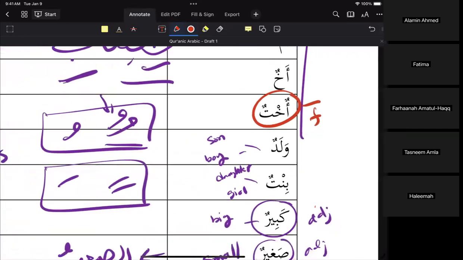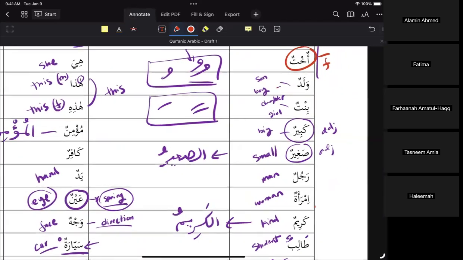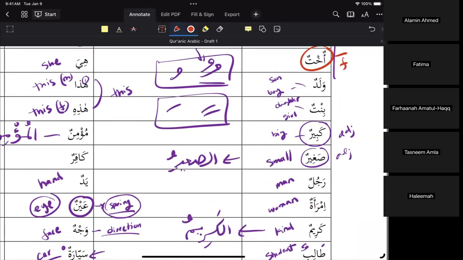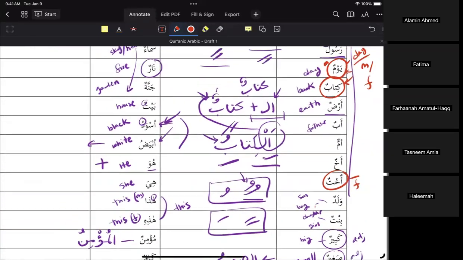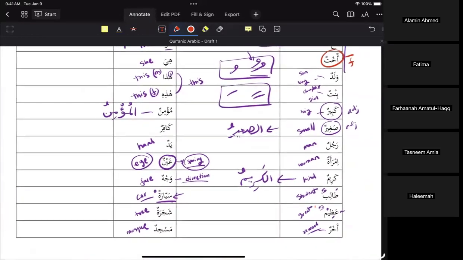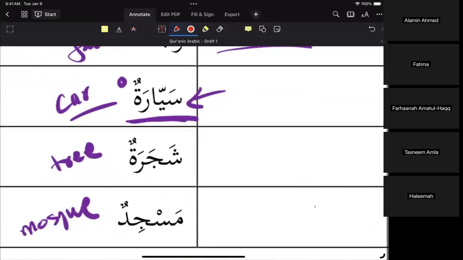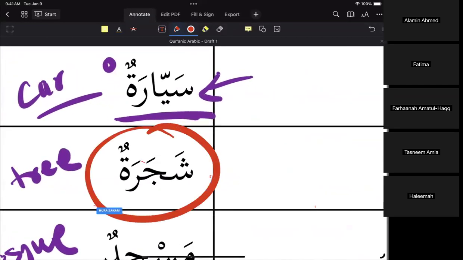Now comes a little bit tricky ones. Almost done. I think all of them we already talked about. I don't have so many examples here, to be honest with you. Shajaratun. Is it masculine or feminine? Feminine.